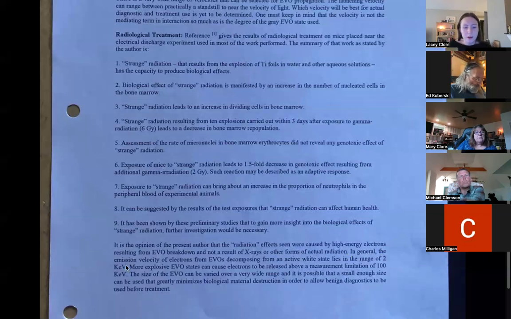In general, the emission velocity of electrons from EVOs decomposing from an active white state lies in the range of 2 keV. More explosive EVO states can cause electrons to be released above the measurement limitation of 100 keV. The size of the EVO can be varied over a very wide range, and it is possible that a small enough size can be used that greatly minimizes biological materials destruction in order to allow benign diagnostics to be used before treatment.